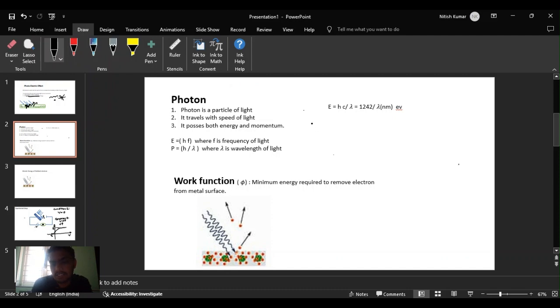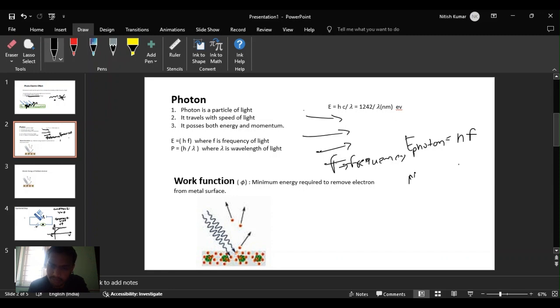If the frequency of light is f, then the energy of a photon will be h times its frequency, and the momentum of the photon will be h upon lambda.